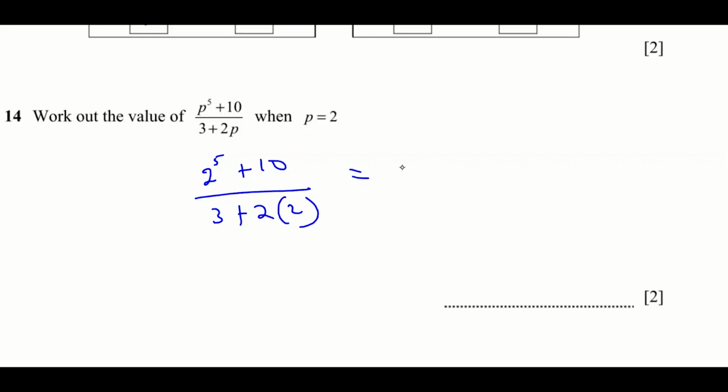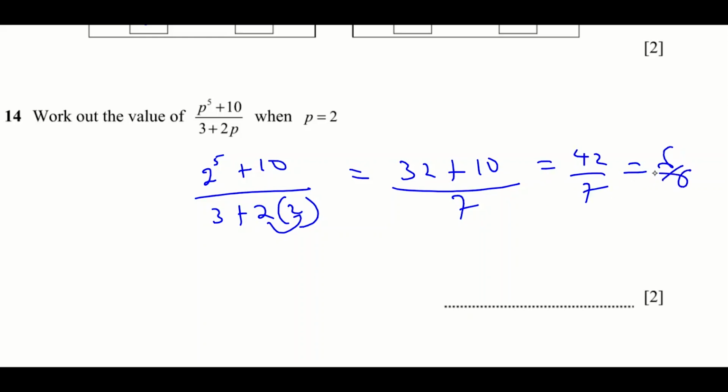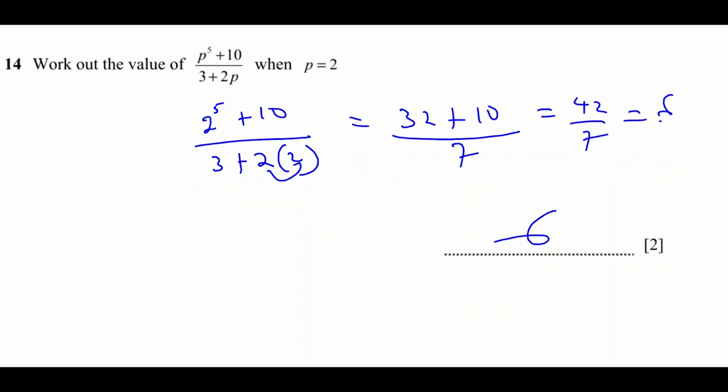So this would be equals to 32 plus 10, over 2 times 2, that is 4. 4 add 3, that will be 7. So this will be 42 out of 7. So this will be 6. So the final answer here is 6. Okay, so question 15.